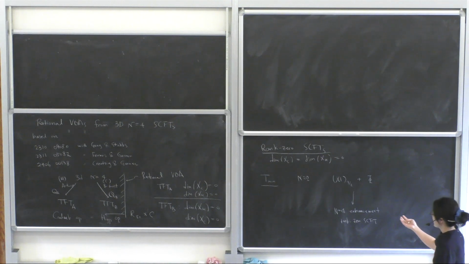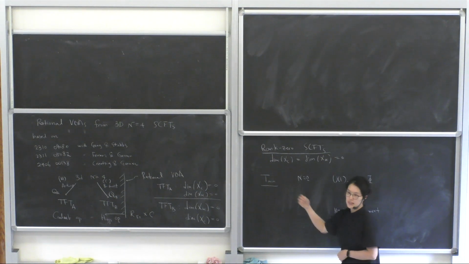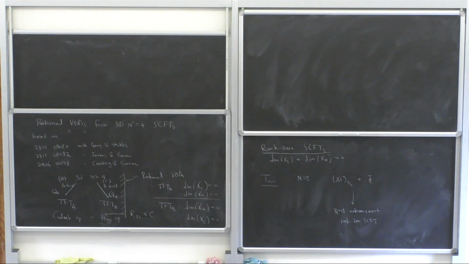The reason that this theory is called the T minimum theory is that it is also believed to be the minimal SCFT in 3D N=4. For example, if you compute the central charge of this theory, it is the smallest among the known examples. Also, you can derive that this theory can be obtained from the dimensional reduction of the 4D minimal Argyres-Douglas theory, which is sometimes called the A1, A2 type theory.